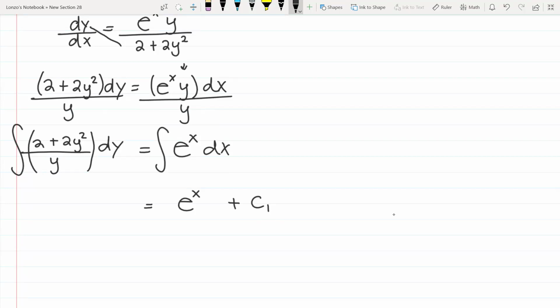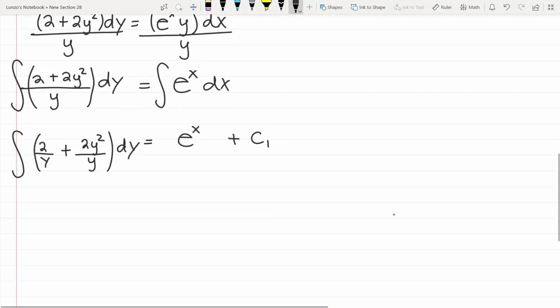On the left, how will we integrate this? This is all over y, so maybe if I simplify a bit more and divide each term by y, that would be helpful. It would be 2/y plus 2y²/y, dy.